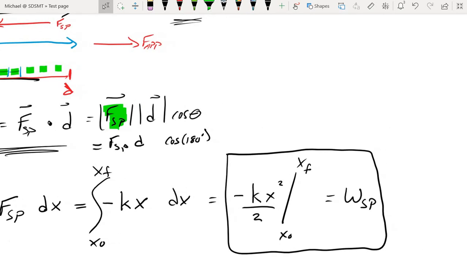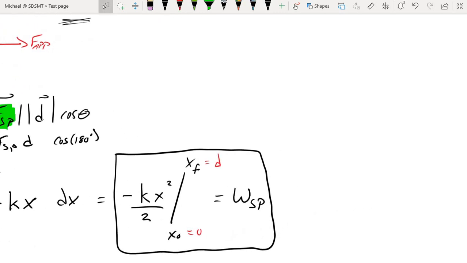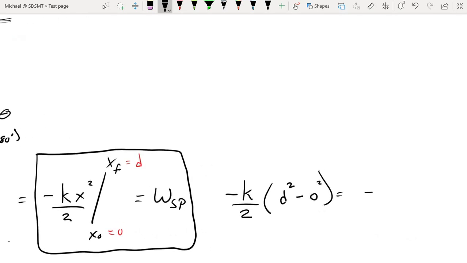Well, now we can plug in the values of our initial and final position, and in doing so, our expression evaluates to, and I'm going to factor out the k and the 2, leaving me with x squared evaluated at the limits. So x squared evaluated at d minus x squared evaluated at 0 gives us negative k over 2 d squared.